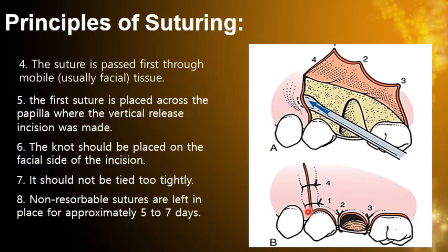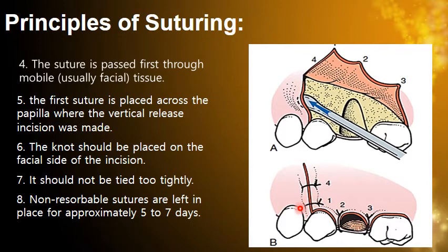In the sequence of the suture, if I have a two-sided flap or three-sided flap, the first suture is placed across the papillae at the beginning of the vertical incision. This is the horizontal incision, this is the vertical incision, this is the interdental papillae, and this is the number one stitch that I put for this flap.